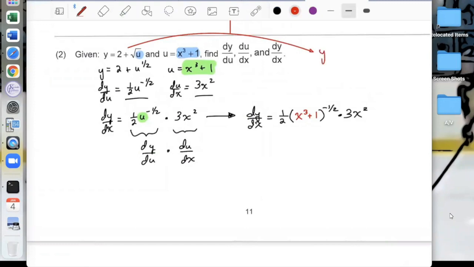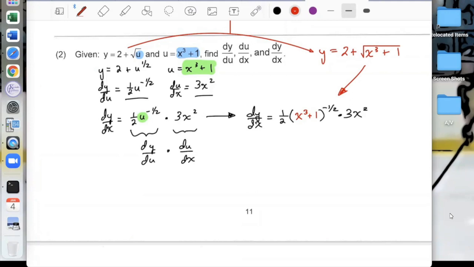So this would be y equals 2 plus radical x cubed plus 1. This function is what we ultimately found the derivative of here. Right? And really at no point did we make things overly complicated.